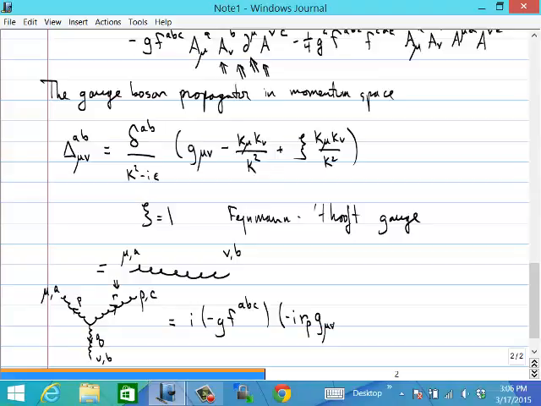Did I get that right? Yeah. And then you have the various other permutations. So you get 5 more permutations for a total of 6 terms, 6 being the number of permutations of 3 objects, the number of orderings of the 3 endpoints.